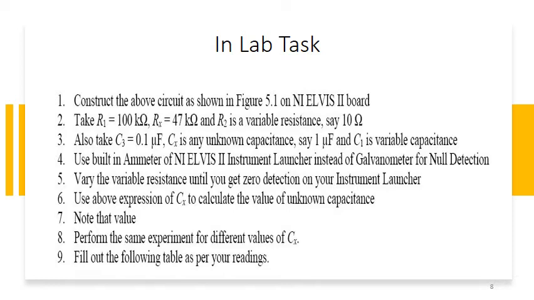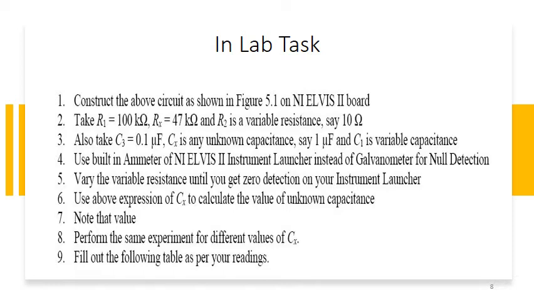What we will do is connect this circuit according to the diagram shown in the above slide, and we will switch on our power supply, that is our AC supply. Then we will change the value of resistor R2 and the value of capacitor C1.